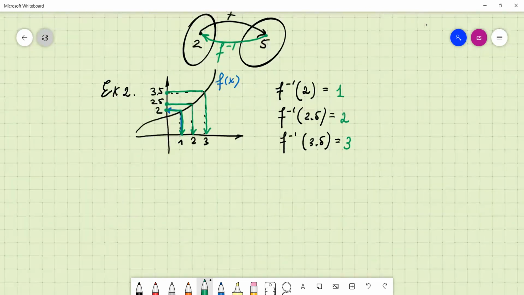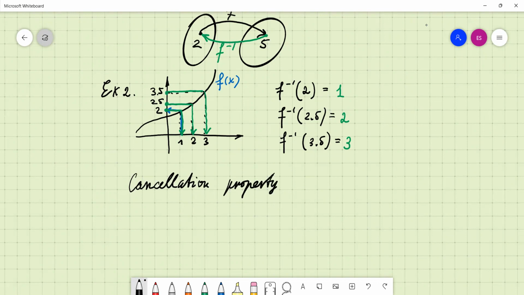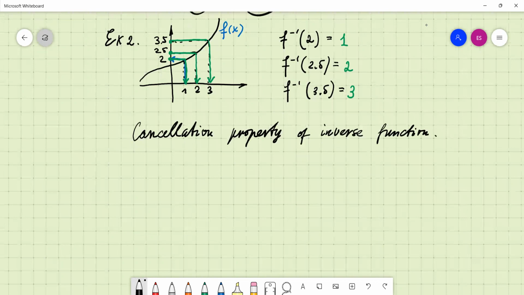Well, what interesting properties can the inverse function have? Cancellation property of the inverse function. What is the cancellation property? Well, first I'm going to introduce it as a graph, and then I'm going to write it down.